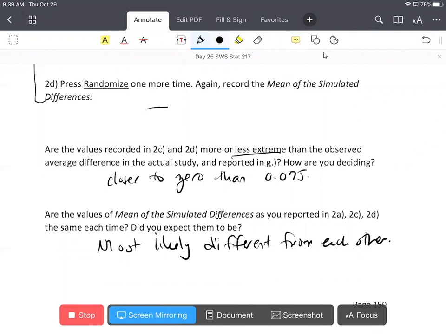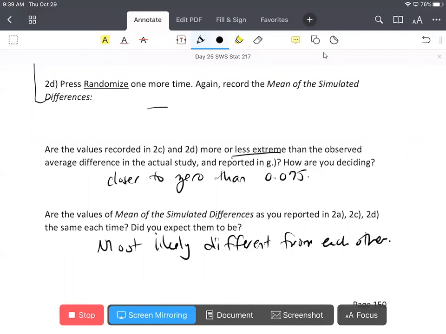Could I 2 times in a row come up with the exact same mean of the simulated differences? Certainly. Is it likely? It could happen. But most likely it's different. And that's what we found as we went through. Over time, though, when we did 1,000 repetitions, there were some that were exactly the same, but they're usually a bit different.